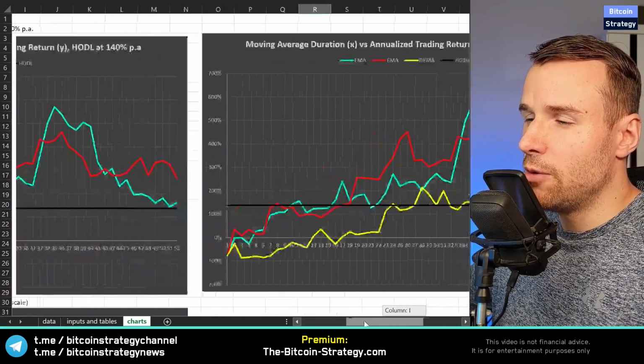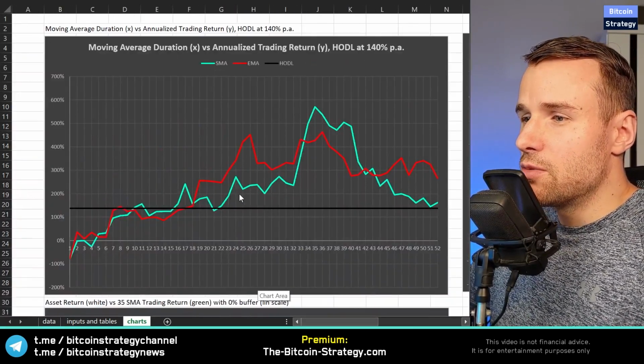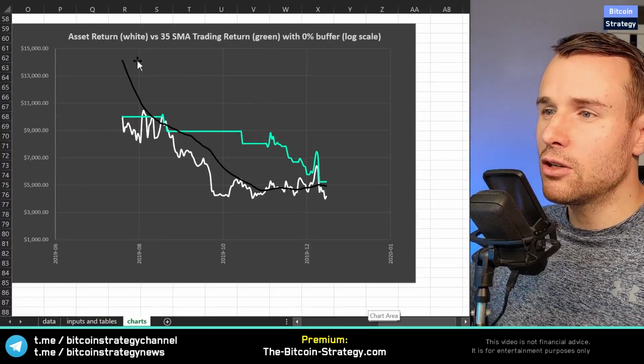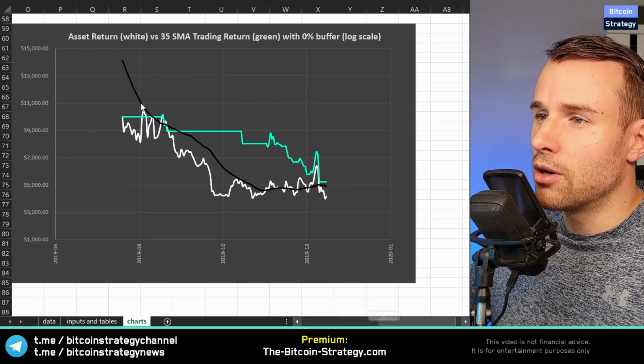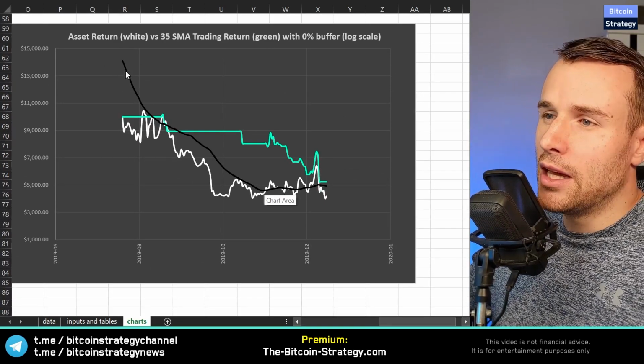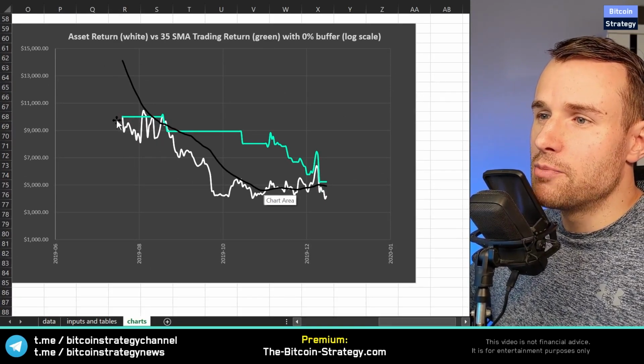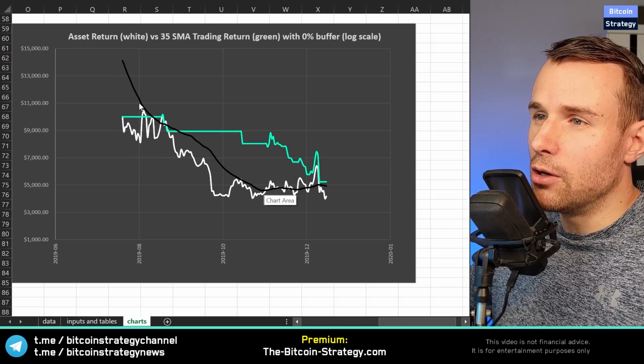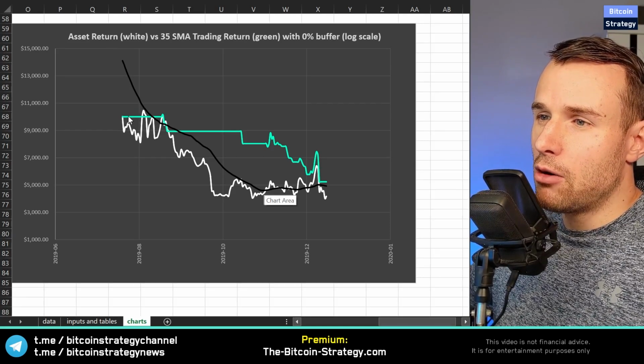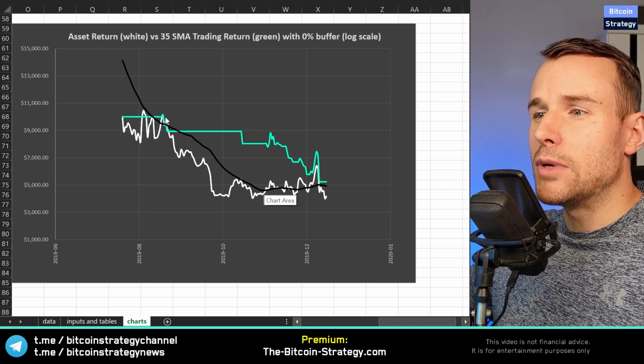It doesn't perform well. But before we jump into this result, let me first show you how this actually looks in a performance line. So this is how this looks like in practice. There's a bit of a different color coding, but again, we've got here our moving average, this time in black. And when the price here in white is below the black line, right, below the simple moving average, then our portfolio line here in green is completely flat.